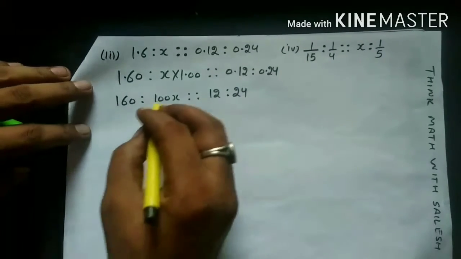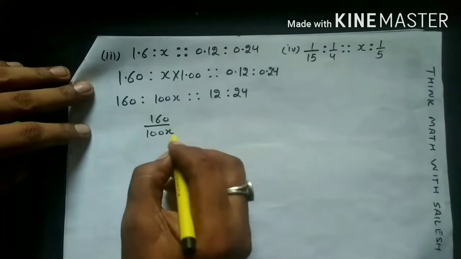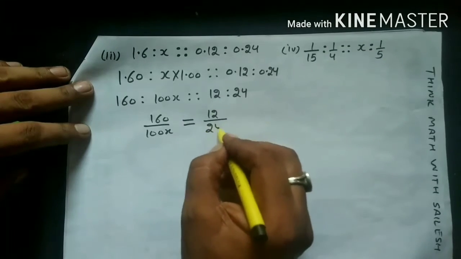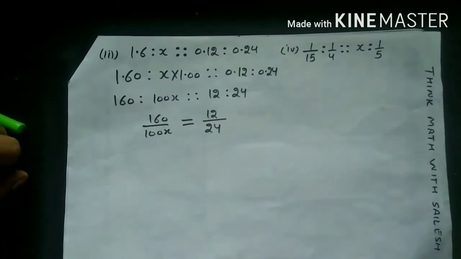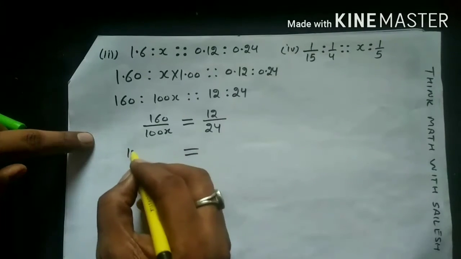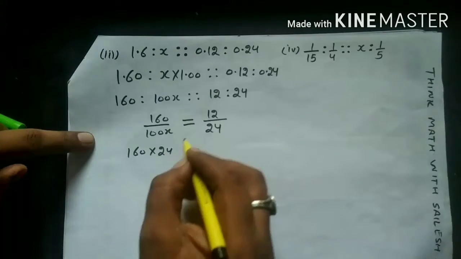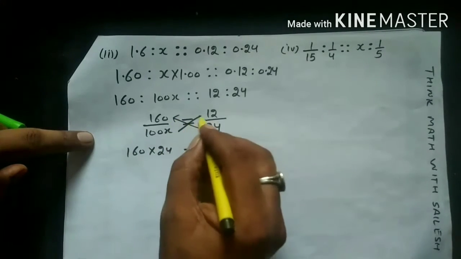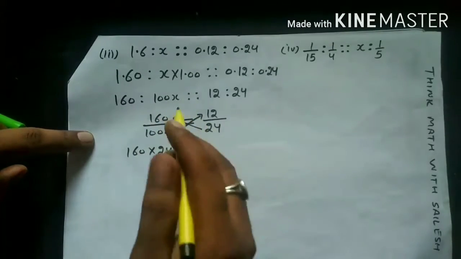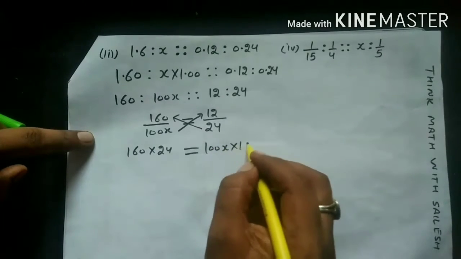After that we can convert them to the fractional form and make them equal by writing the equal sign. Now we apply cross multiplication. 24 multiply with 160 and 100x multiply with 12.